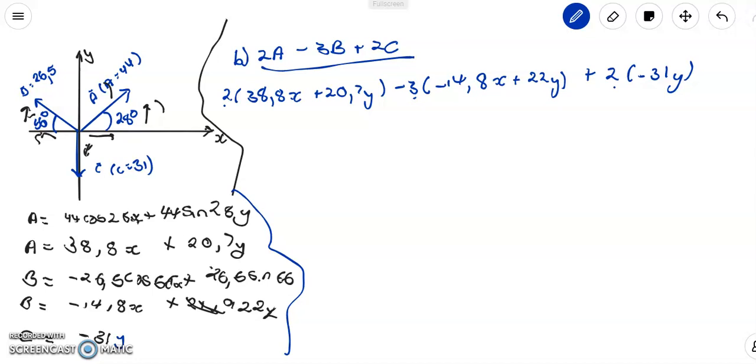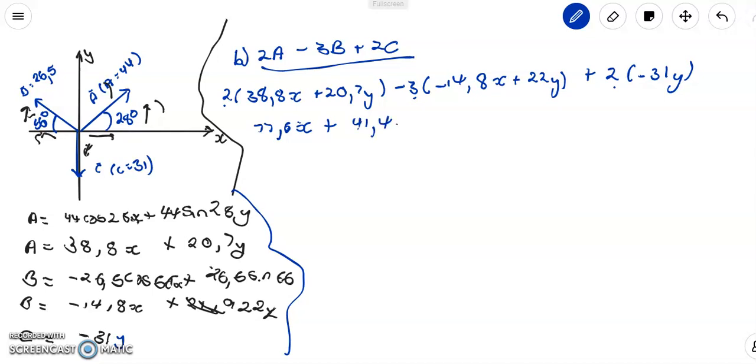What's 2 times 38.8? It's 77.6x plus 20.7 times 2, plus 41.4y.